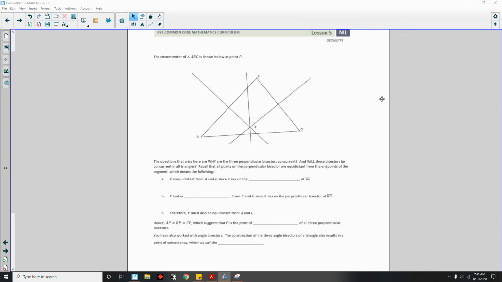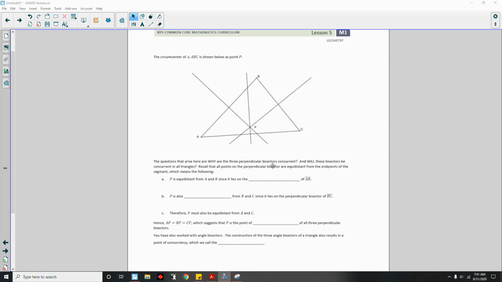Okay, page 2 brings us to a diagram giving us a triangle ABC with a point P. The circumcenter of triangle ABC is shown below as point P. The questions that arise here are, why are the three perpendicular bisectors concurrent?